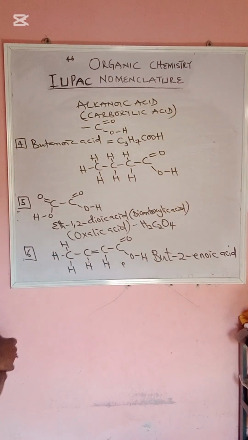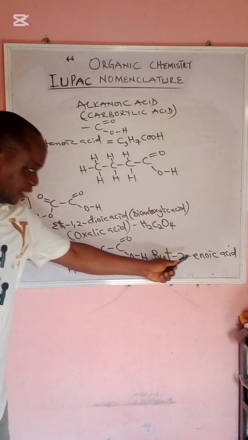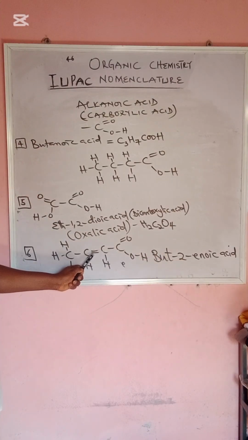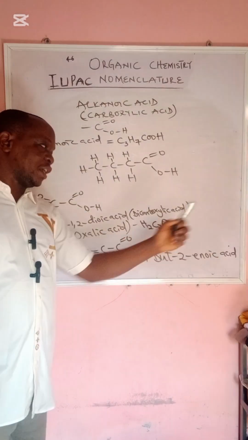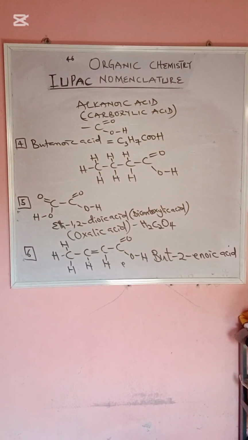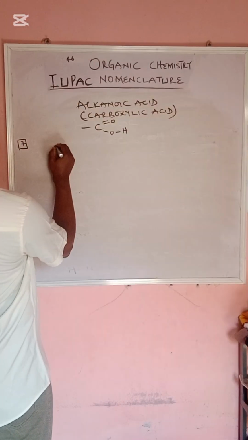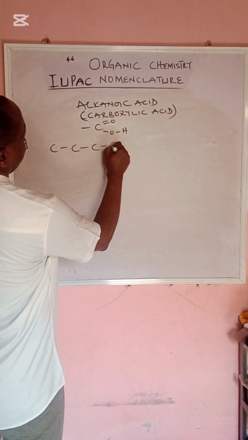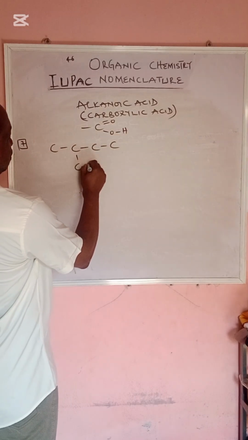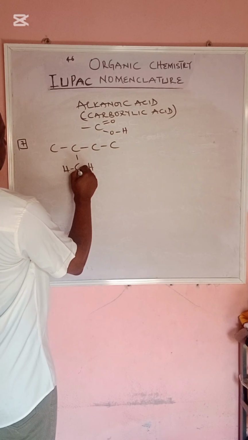This is but-2-enoic acid. This E represents the alkene group. That's what is called but-2-enoic acid. Please take note of that. Number 6. Let's say you have 1, 2, 3, 4, something like this.